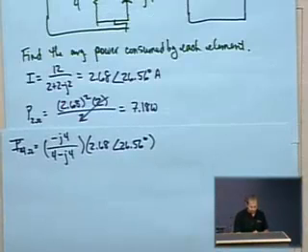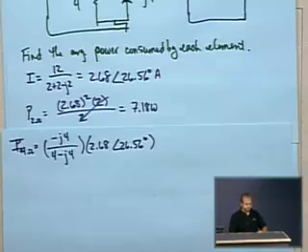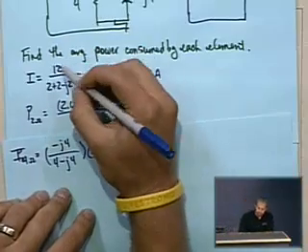Did I get the right phase angle on that current? 12 divided by 4 minus 2. Yeah. Oh.